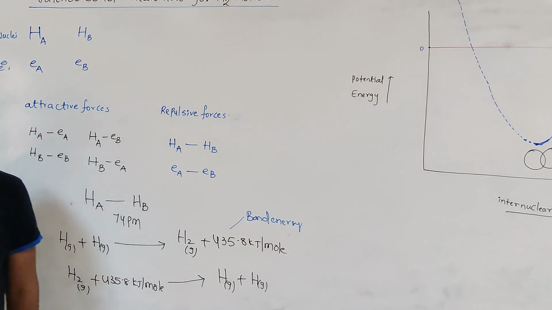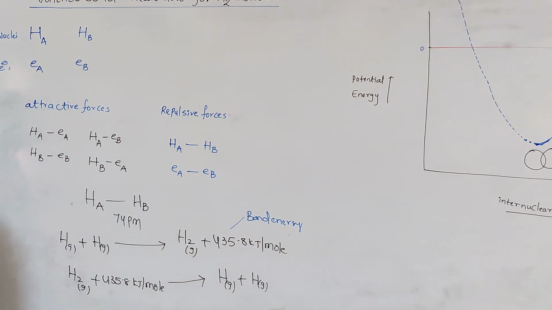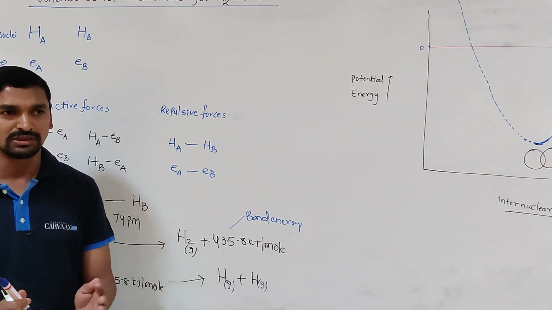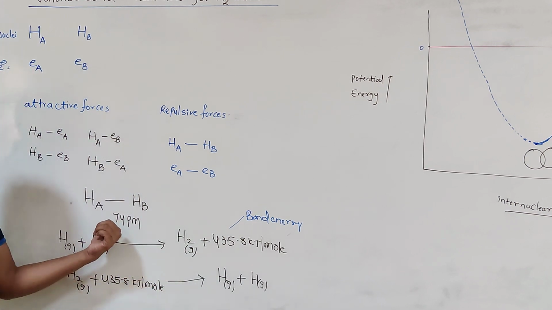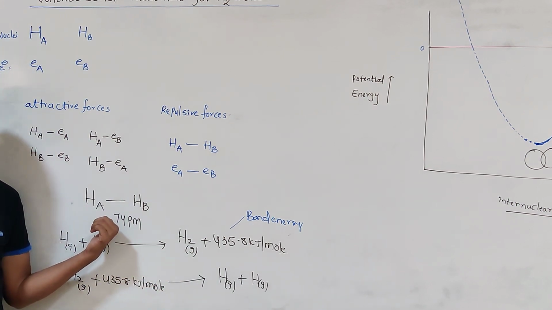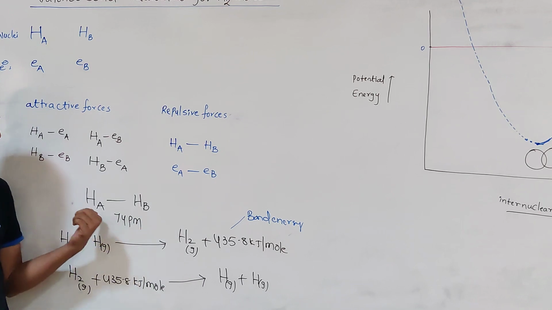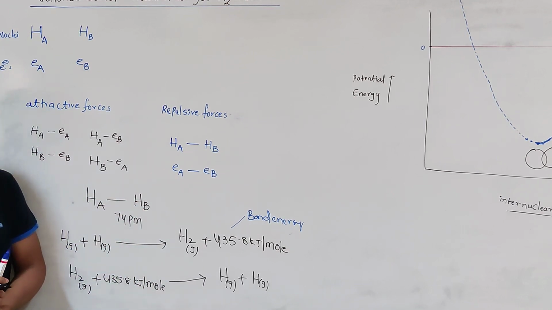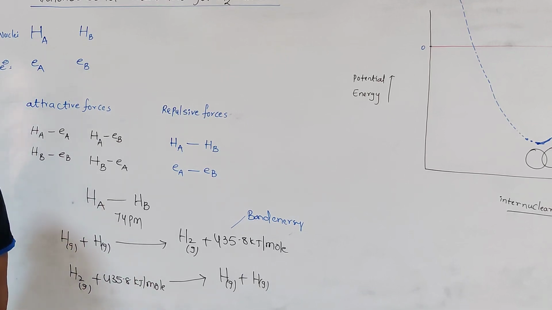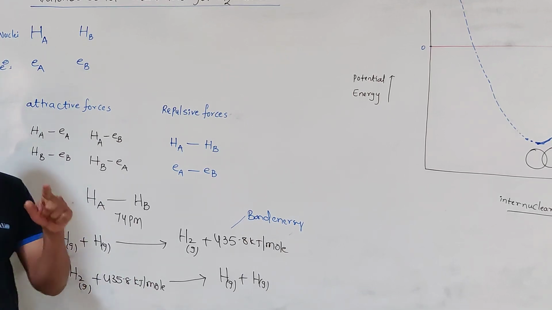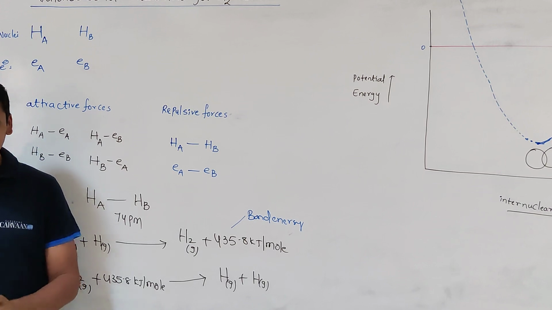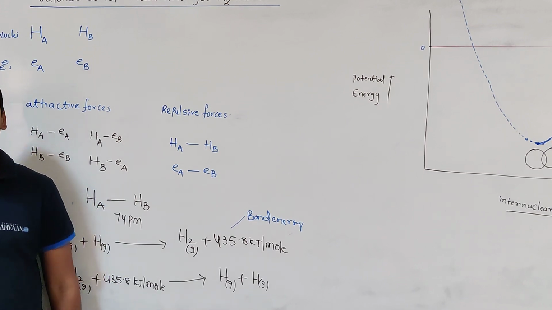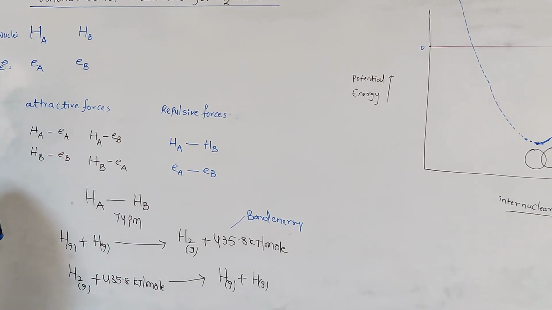bond energy. Somebody may ask: if you bring the two hydrogen atoms closer than 74 picometers, what happens? Whenever we keep these two hydrogen atoms at less than 74 picometers distance, the repulsive forces dominate the attractive forces. When the repulsive forces dominate, the atoms try to move away from each other.